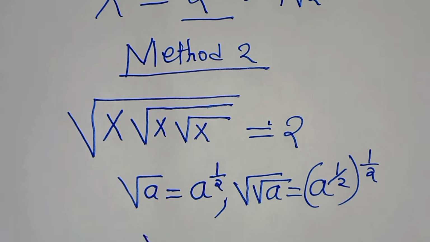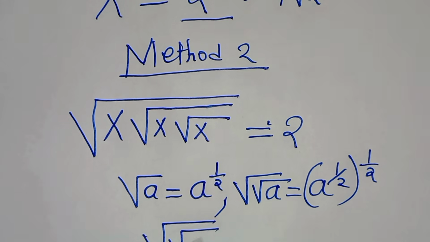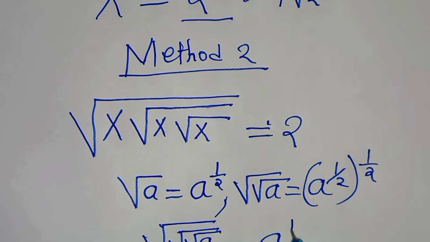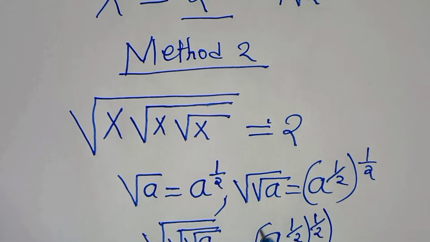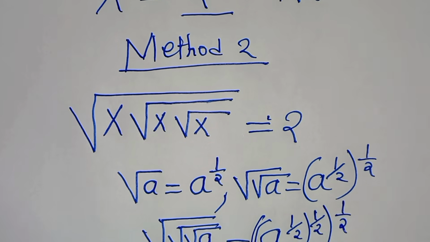Now if we have 3 square root signs here over a, this means we have a raised to the power of a half, then raised to the power of a half, and then raised to the power of a half.